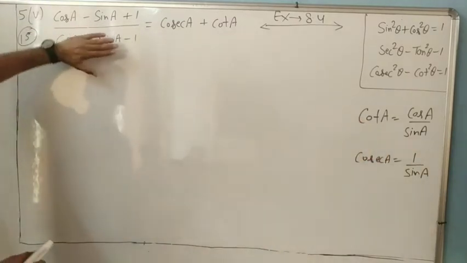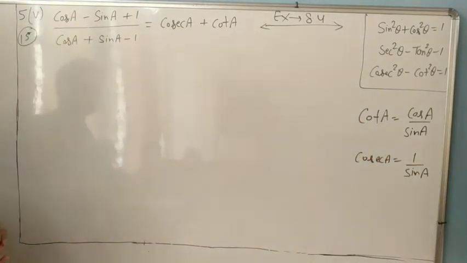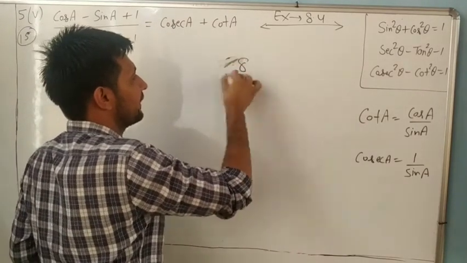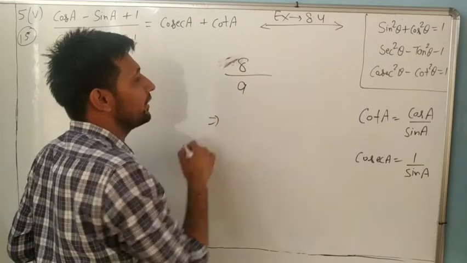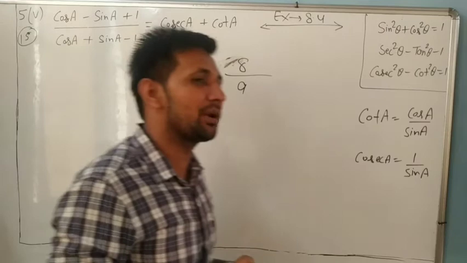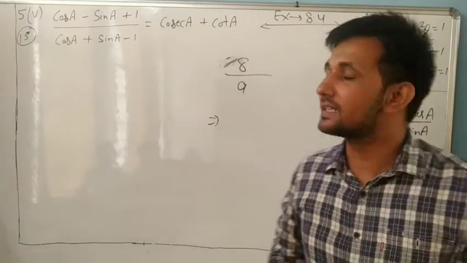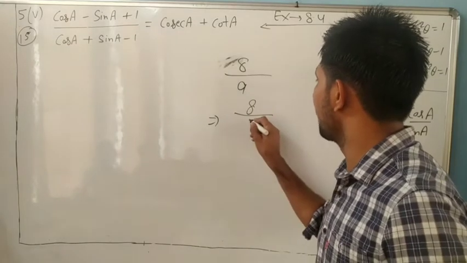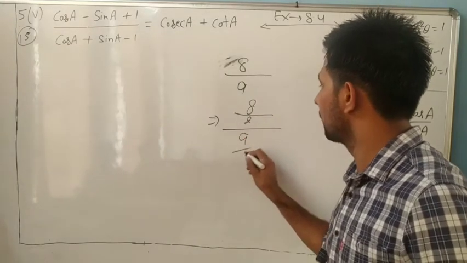But here, can we divide the numerator? Suppose it is 8 upon 9. Can we multiply numerator and denominator by the same number? Can we divide numerator and denominator by the same number? Why not?